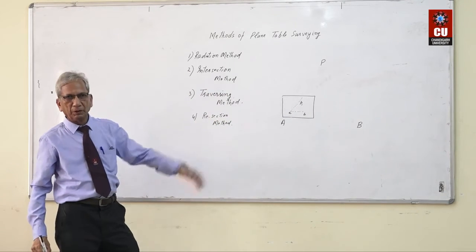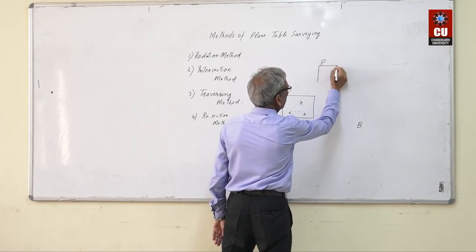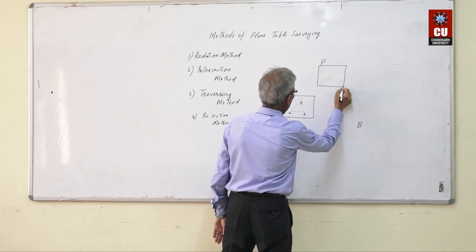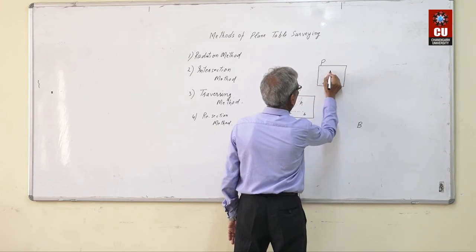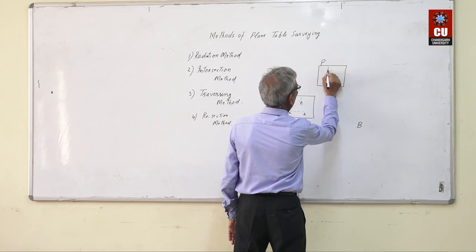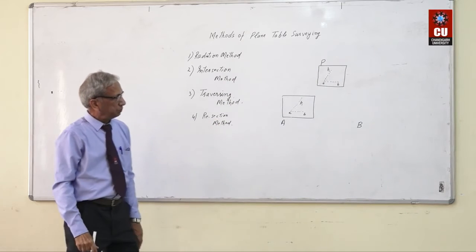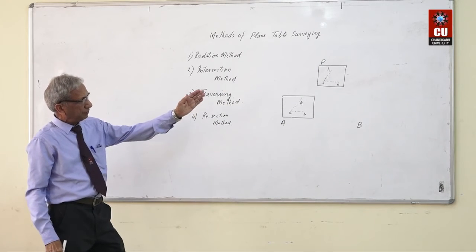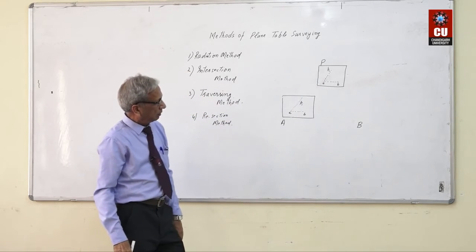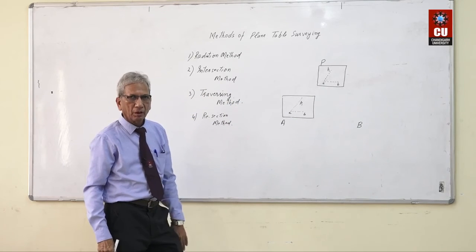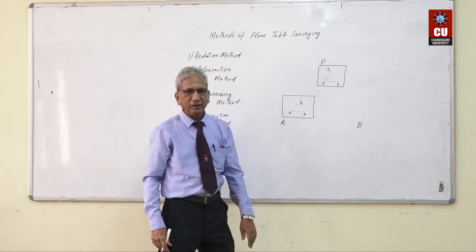Now we will shift the table to point P. We have shifted the table to point P. With the help of back setting, we will orient the table fixed at P. After the orientation, we will place the alidade at point p1.